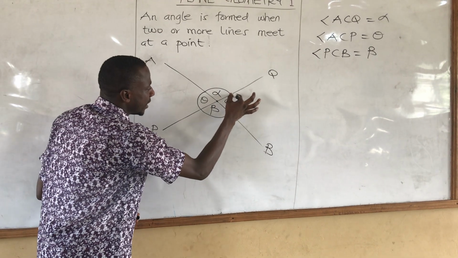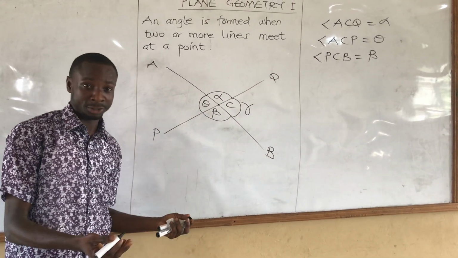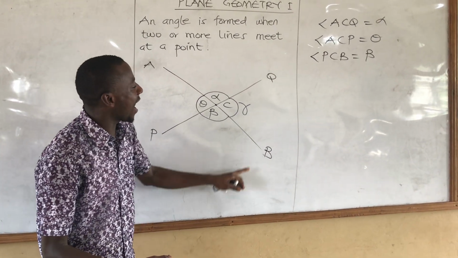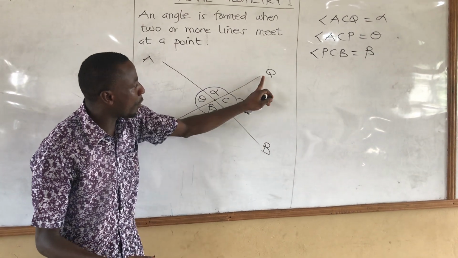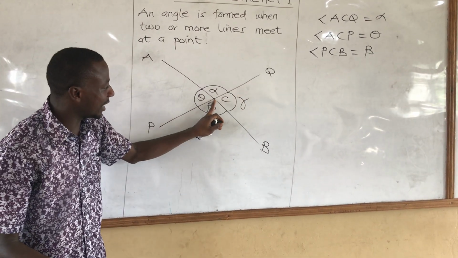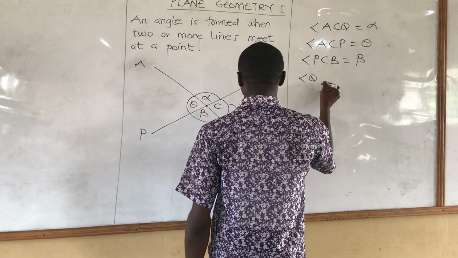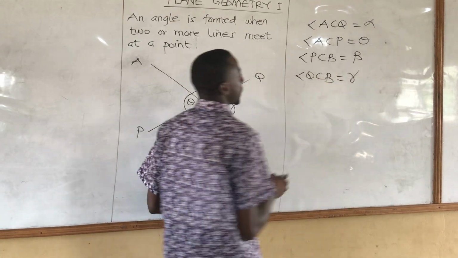Then finally, the last angle, let's name it angle gamma. And that is going to be angle QCB, from point Q to point C to point B. So we have angle QCB will be angle gamma.